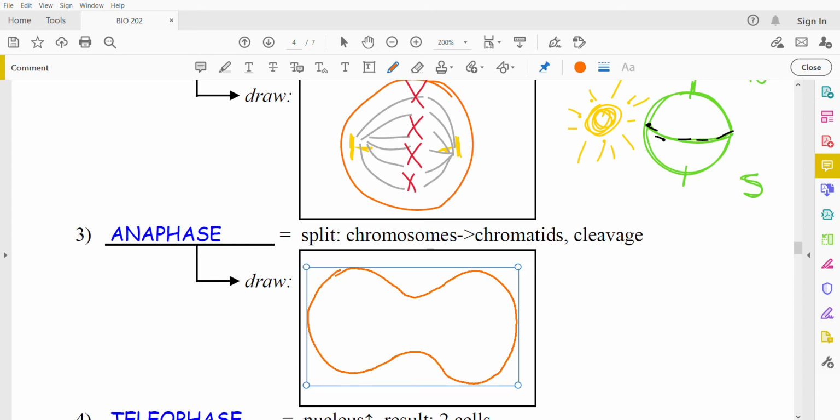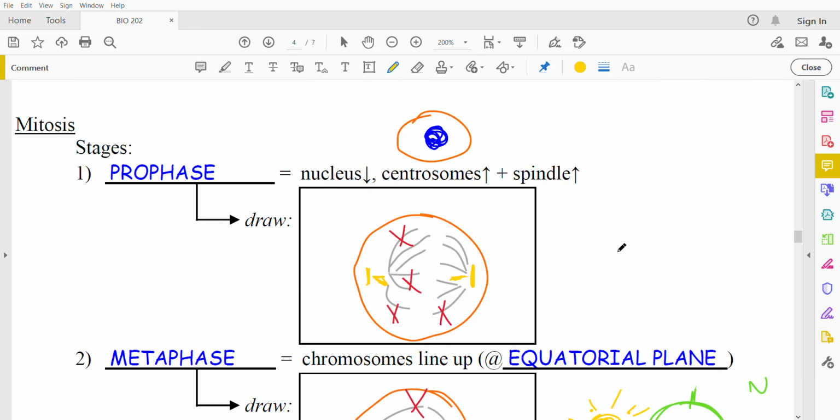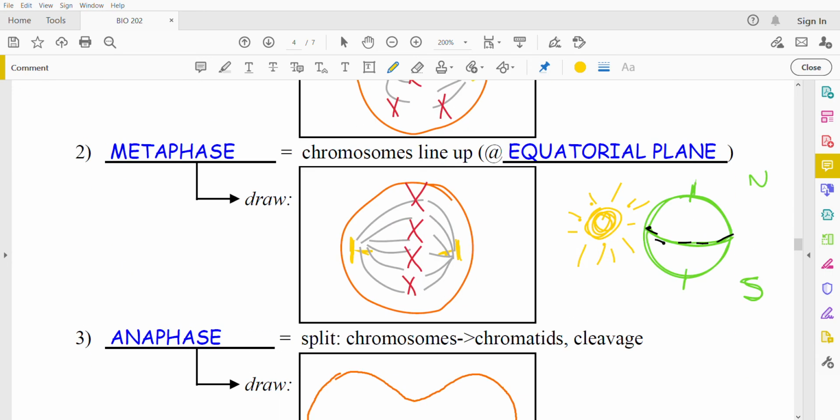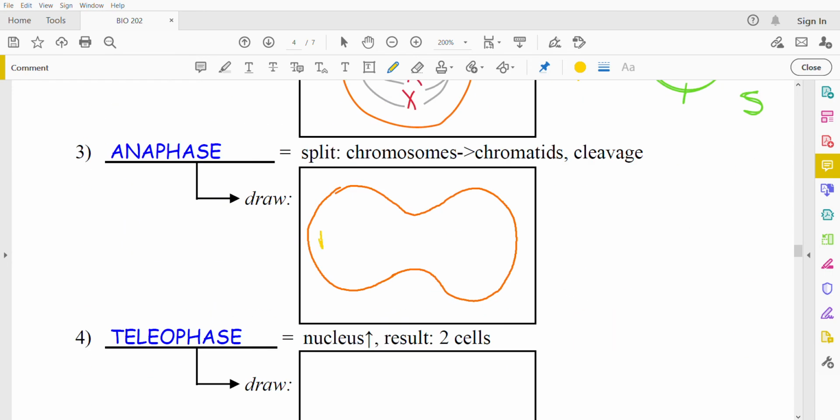This cell is now kind of turning more into a sausage shape. It's spreading out a little bit, but we still have our good old friends, centrosomes, and they're at the different ends of the cell, so different poles of the cell.